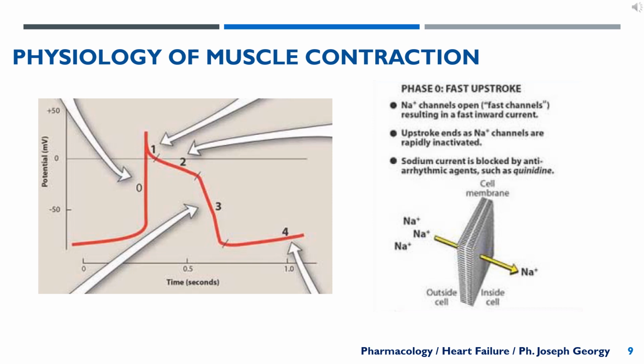The result is this flow. After that, this upstroke ends as sodium channels are rapidly inactivated. Sodium current is blocked by antiarrhythmic agents such as quinidine. This is a note here. So what we should know is that the beginning of our story is within phase 0, where sodium ions enter the cell as a result of the activation of sodium channels.